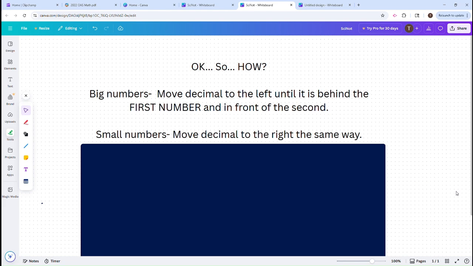So again, to put a number in scientific notation, you're going to take the decimal that's given on any number, and for big numbers, you're going to move that decimal to the left until it's behind the first digit of the number and in front of the second. And for very small numbers, decimal numbers, numbers between 0 and 1, you're going to move the decimal to the right the same way until it's behind the first non-zero digit.